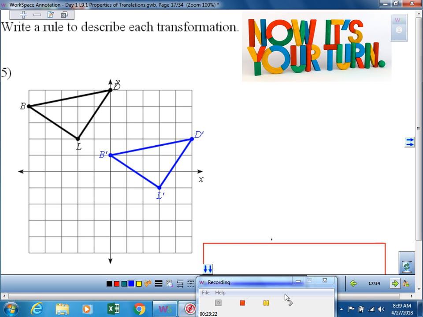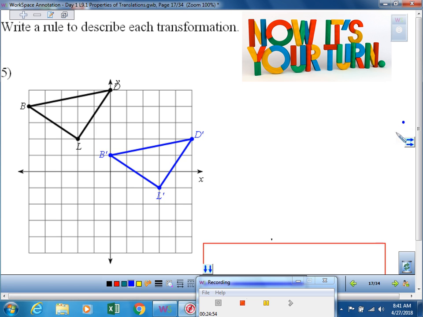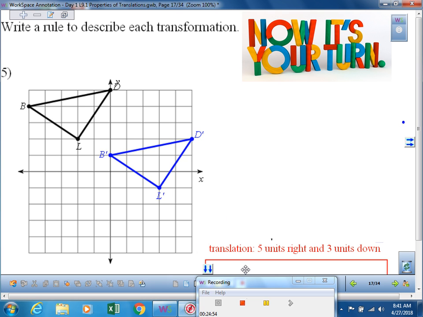All right, this one, what do you have? Michael. All right, so translation, 5 units right, 3 units down, that is correct. And the algebraic rule, what do you have, Michael?